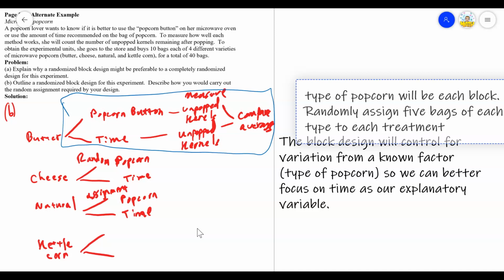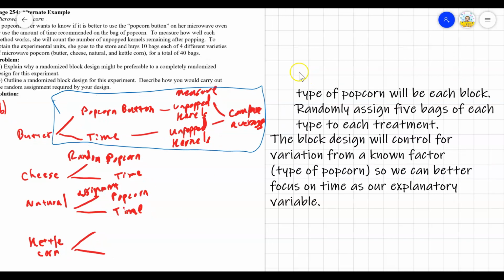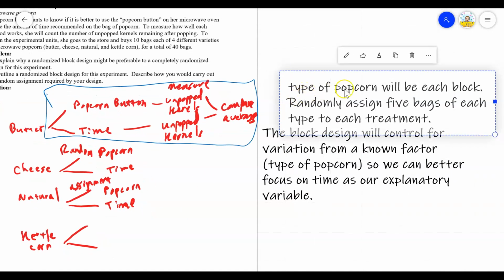And how can I randomly do that? Well, I can just shuffle them up, right? I could have all the bags in a bowl, shuffle them up, reach in, grab one, it goes into one treatment, reach in, grab the next one, goes into the other treatment. That would be a perfectly fine way to establish the randomization. Or we could again put in slips of paper.